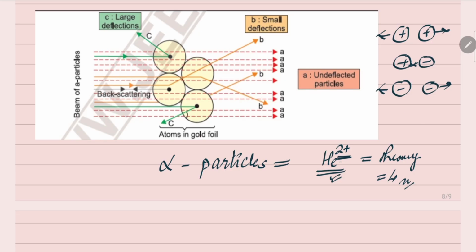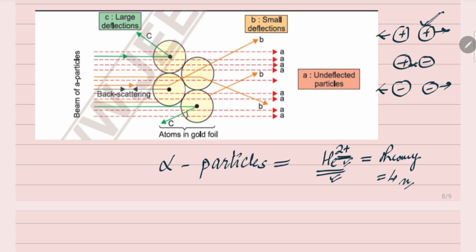So as helium particles are positively charged, when they are deflected, that means they are repelled from somewhere, and the only charge which can repel them is a positive charge.